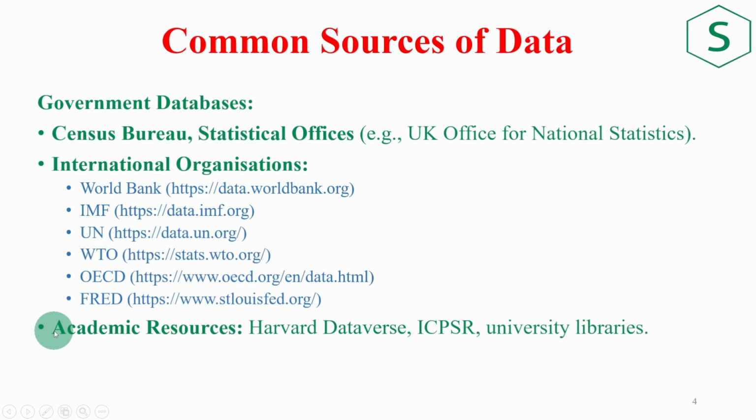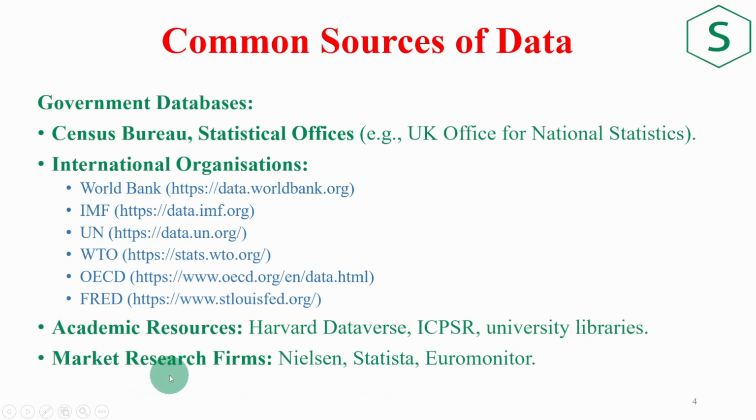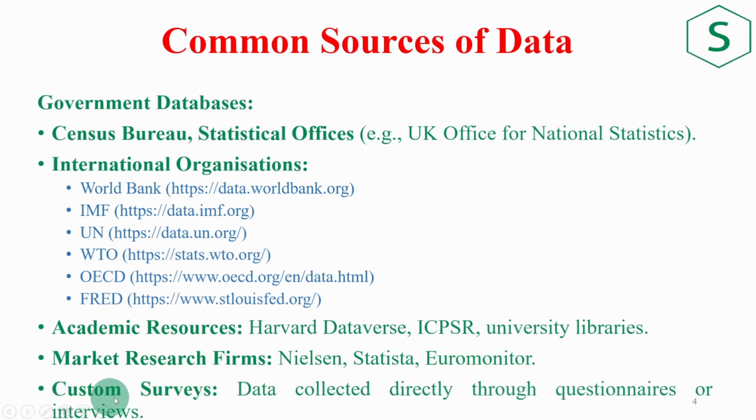Another major source of data is academic resources like Harvard Dataverse, ICPSR, university libraries, and so on. We also have market research firms like Statista, Euromonitor, and so on. We can also conduct custom surveys to collect data directly through questionnaires or interviews.